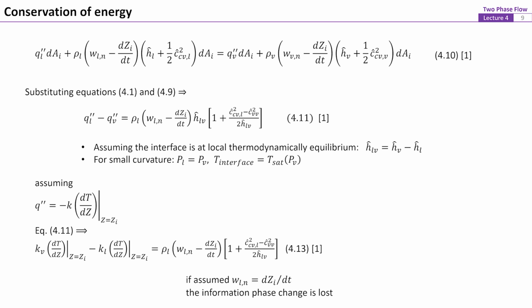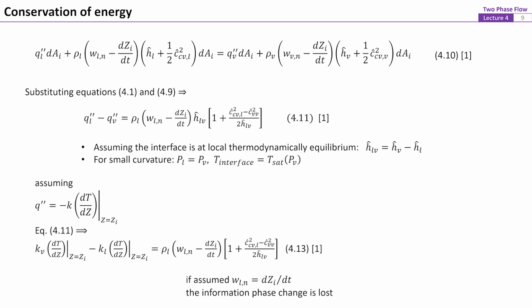Also, for a pure substance, if the curvature of the interface is small, the capillary pressure difference is small across the interface. Therefore, PL equals PV, and the temperature at the interface should be the saturation temperature corresponding to the value of pressure on the interface.